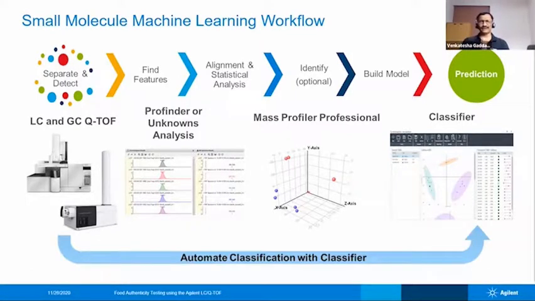So this is the final automation step. You inject the sample here and compare with this model and you get your classification done. So this is completely automated. Only these two steps are what QA/QC people have to do in a routine application. That is the beauty of this whole workflow.